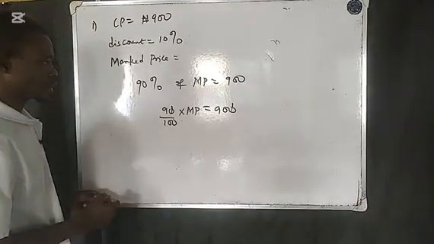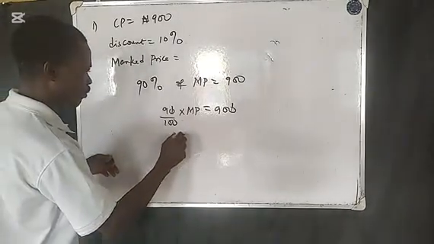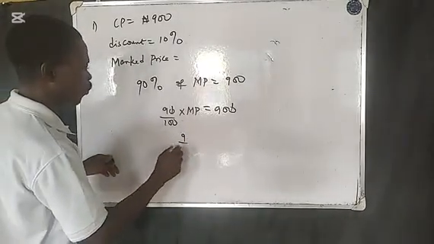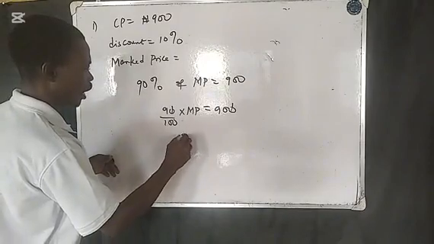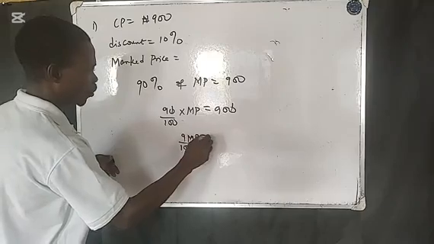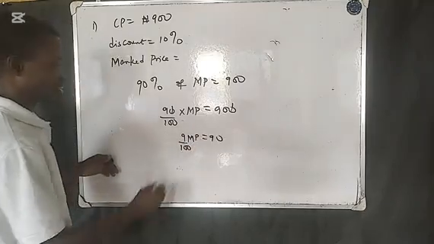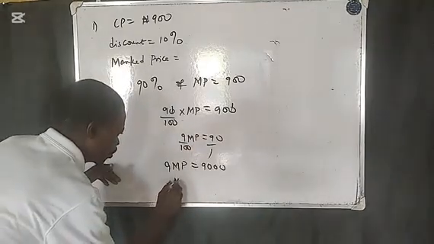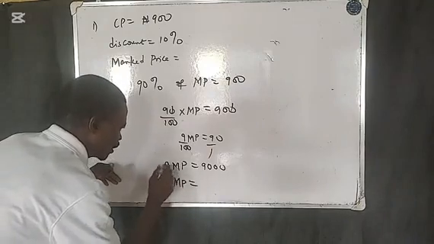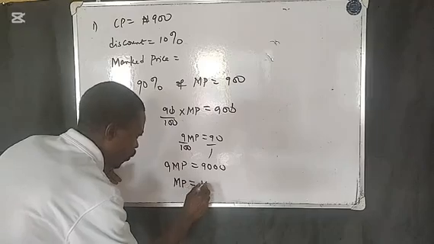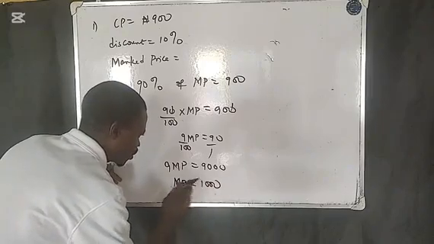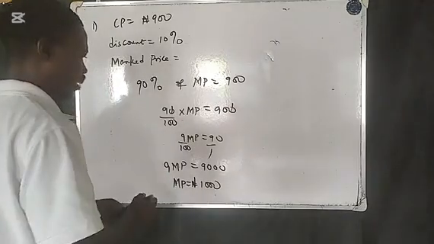Do you agree? So you are left with 9 over 100 MP equals 90. Let's divide both sides by 9. So we're going to have 1,000. So that means 1,000 naira was the marked price.